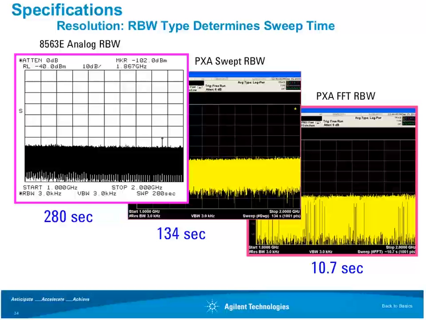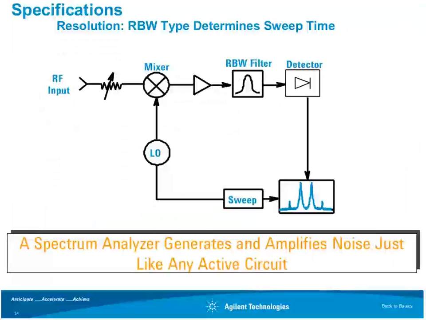With a modern analyzer that has digitally implemented IF filters like the PXA, under those same settings, 1 to 2 gigahertz with a 3 kilohertz bandwidth, we've cut that sweep time down in half. But 134 seconds is still a long time. An even better technique would be to do an FFT, and you can see that we reduce the sweep time by an order of magnitude. We're down to 10.7 seconds, so a much faster measurement using the FFT technique.